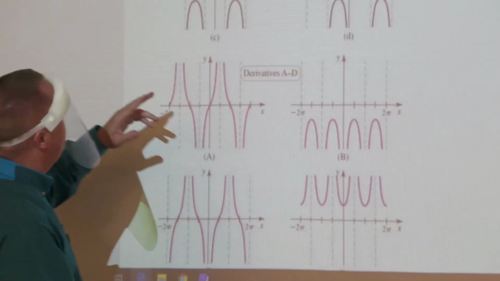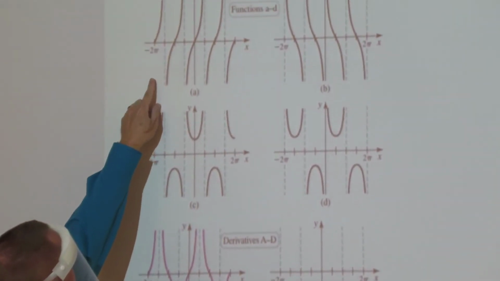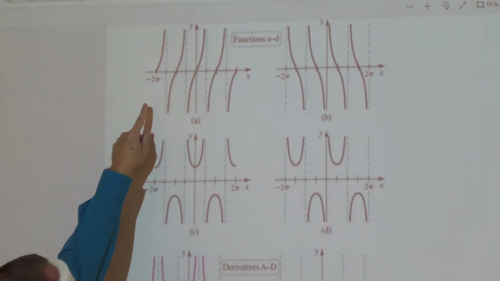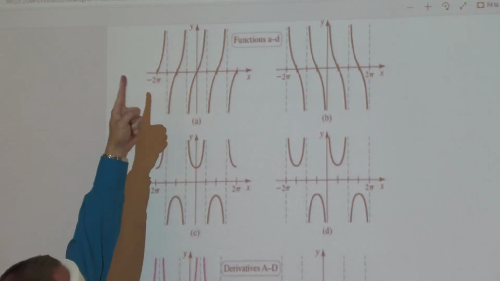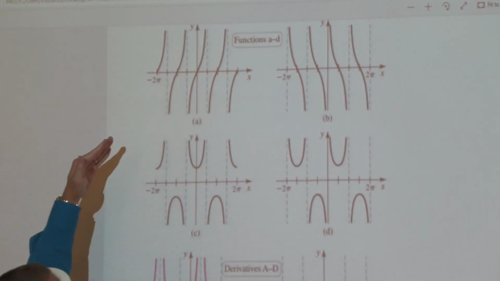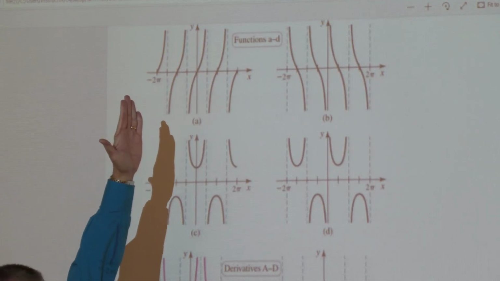Now, if you start with negative 2 pi, the slope as it goes up that way is positive, and it's getting steeper as it goes up.